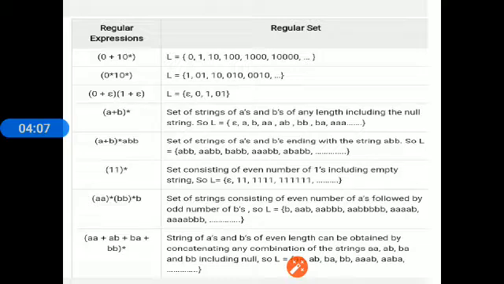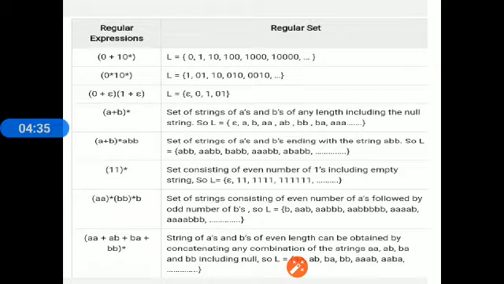The next expression is 0 plus epsilon, into 1 plus epsilon. Epsilon means the null string. So, in the first bracket null or 0 may be generated; null and 0 are the two options. In the second bracket 1 or epsilon will be generated.